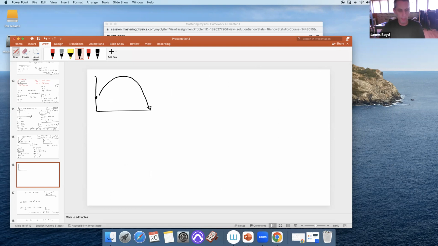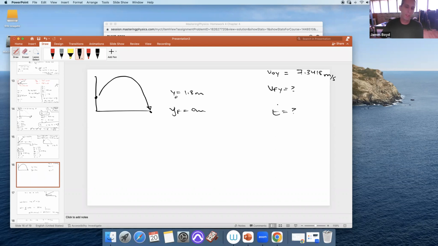It starts at Y initial is 1.8 meters, and it lands at Y final is 0 meters. We know V initial of Y is 7.3418 meters per second. We don't know what V final of Y is. We want to find the time.